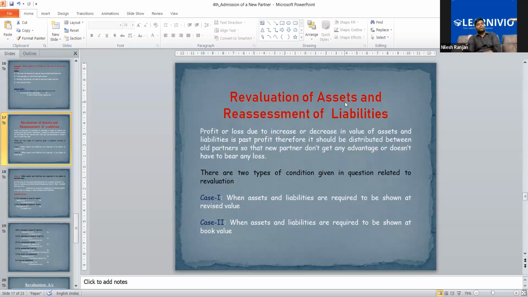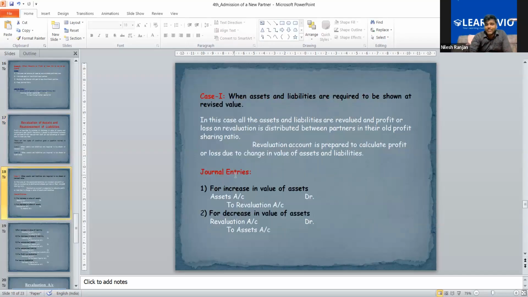So case one, case two: when assets and liabilities are required to be shown at revised value, then we have to pass all these entries. For increase in value of assets, it is assets account debit to revaluation account. For decrease in value of assets, revaluation account debit to assets. Whenever there is any increase or decrease in assets and liabilities, there is some profit or loss.